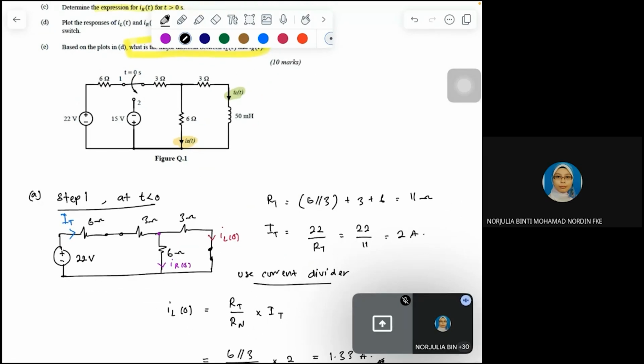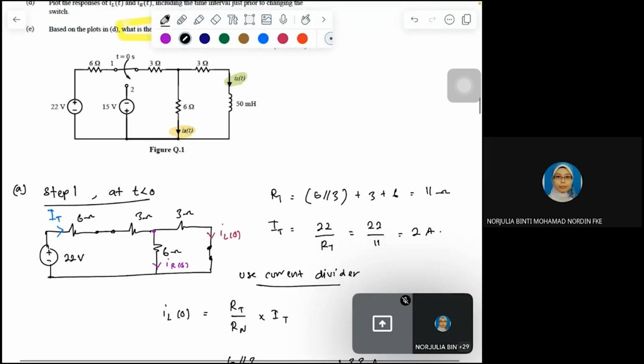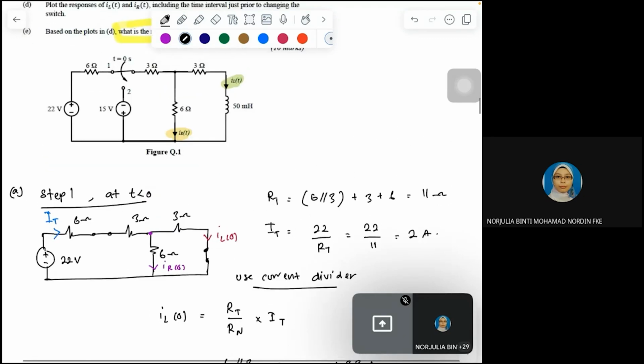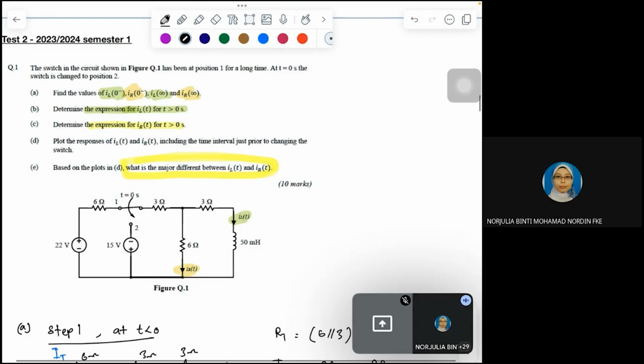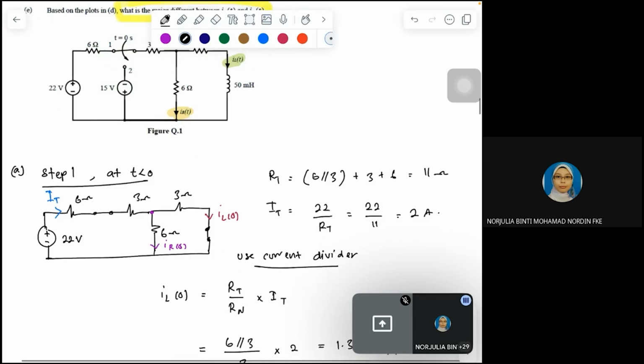Okay, so based on this circuit, since we should determine the initial value, this initial value falls under step 1. At step 1, you should draw or sketch the circuit before t equals 0.